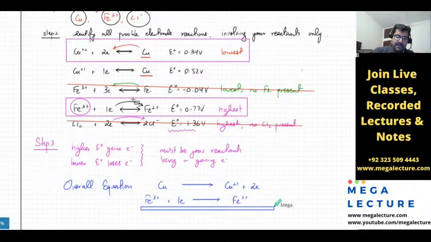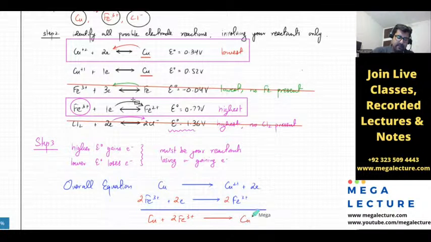Make the number of electrons gained and lost equal. So multiply this by 2 Fe3 plus, and the products that you're going to have is copper 2 plus plus 2 Fe2 plus.